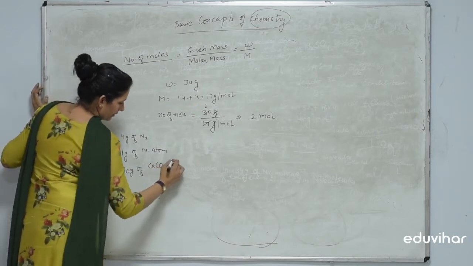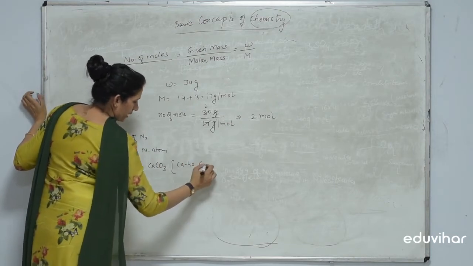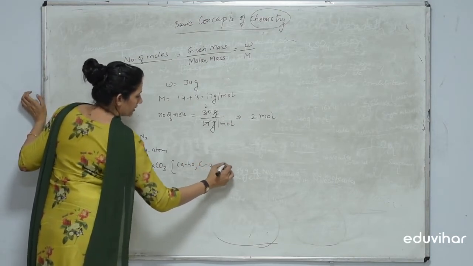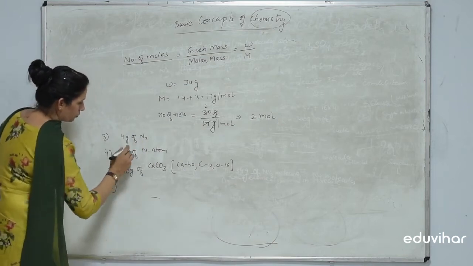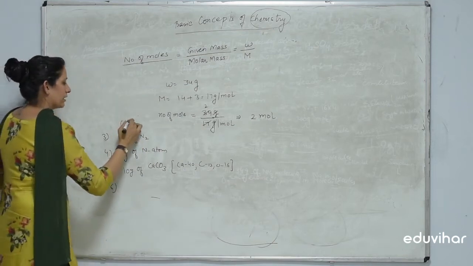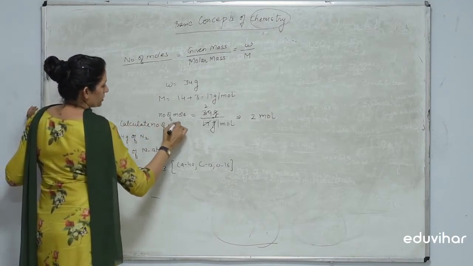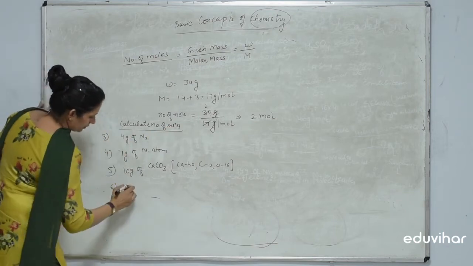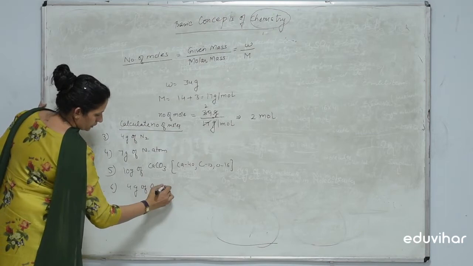Calcium has atomic mass 40, carbon has 12, oxygen has 16. One more question is to calculate the number of moles in 4 gram of O2 molecule.